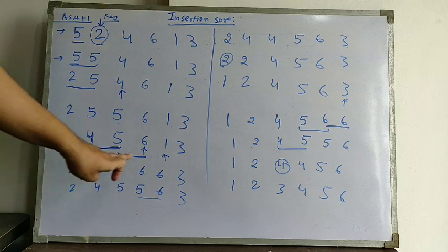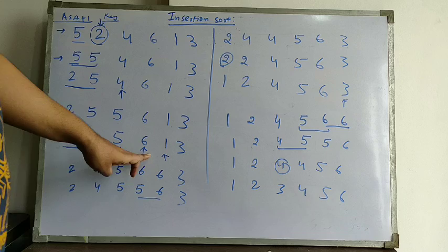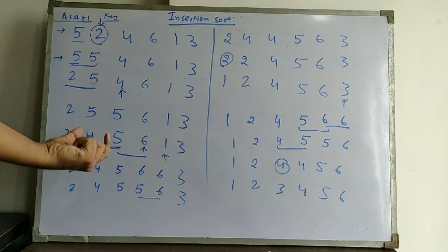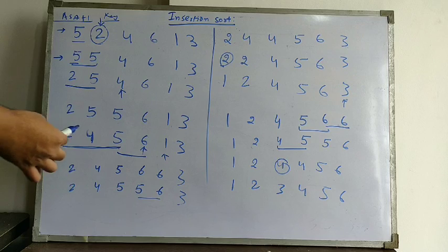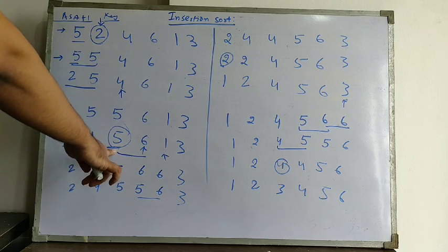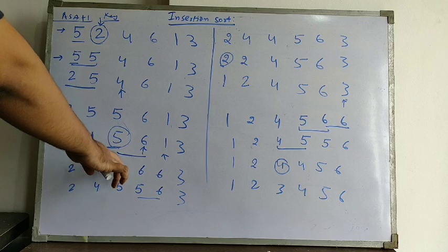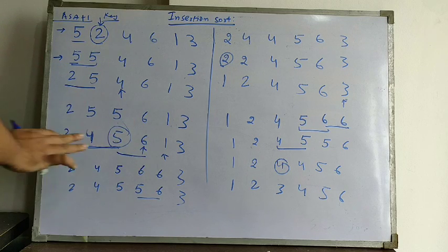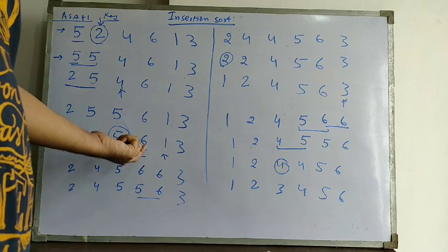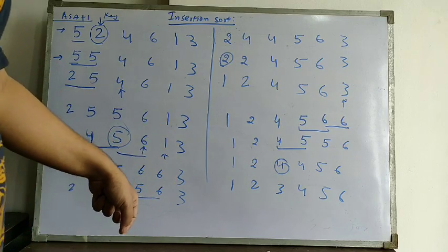Now I have 6. I need to put the 6 into the already sorted array. In the already sorted array, if the rightmost element is greater than the current key, then I need to shift it to its right.